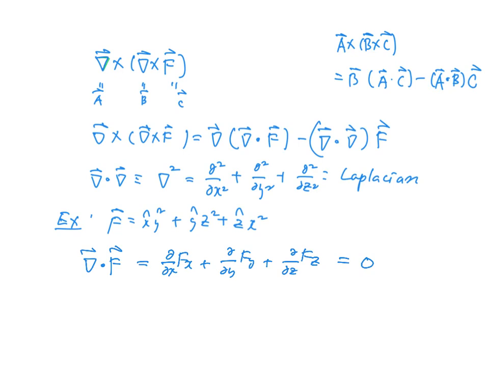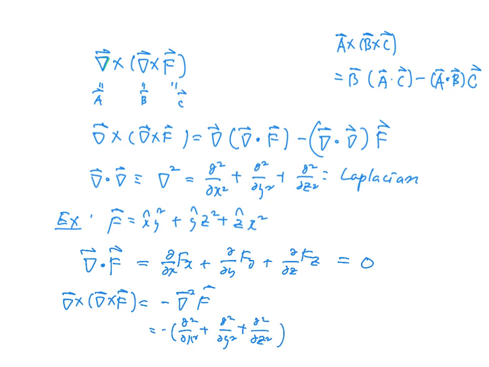So, in this case, we have a very simple formula. Minus Laplacian f is partial x square, partial y square, partial z square applied to x y square, y z square, z x square. In this particular Cartesian coordinate, the differentiation doesn't affect the unit vectors.